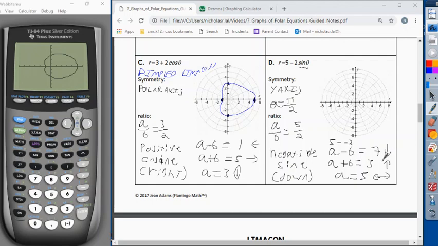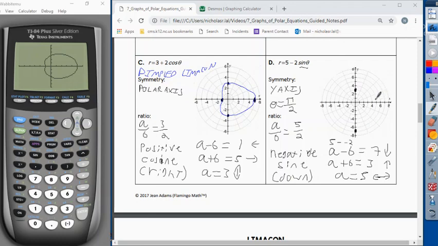So plotting our points, starting from the origin, 3 units up: 1, 2, 3. Starting from the origin, 7 units down: 1, 2, 3, 4, 5, 6, 7.